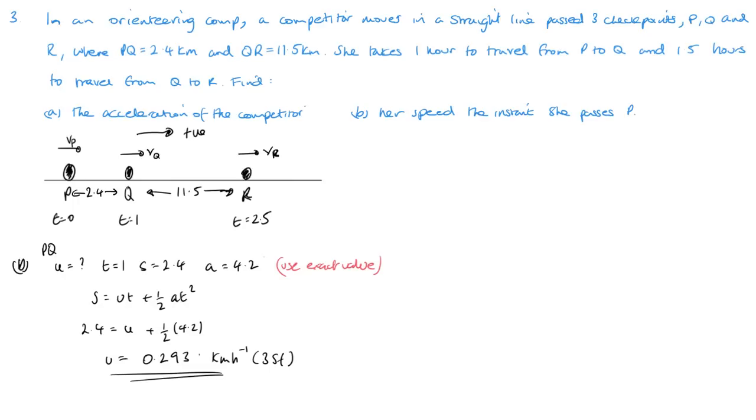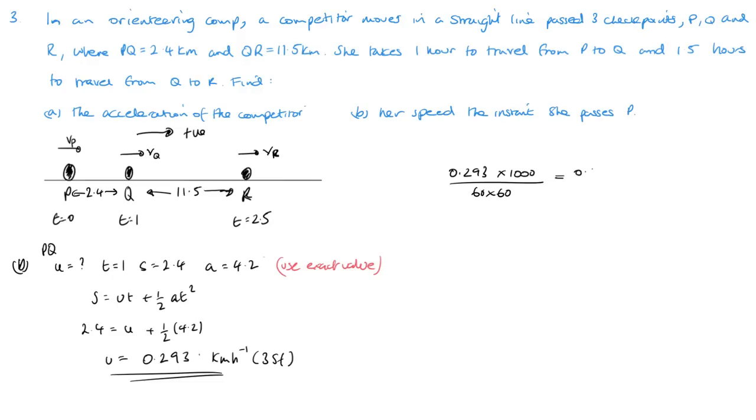If I wanted to put it into meters per second, then I would times by 1,000 to put it into meters, and then divide by 60 times 60.